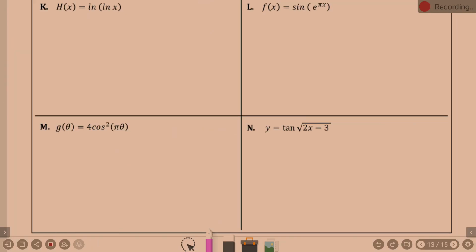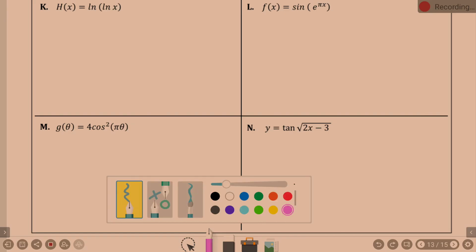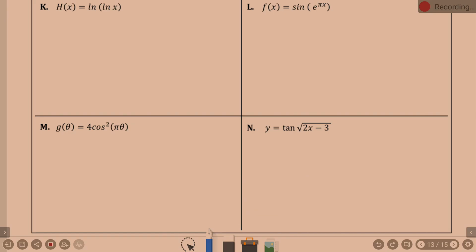Okay. H of x equals natural log of natural log of x. Okay, h prime of x: derivative of the outside function. What's the outside function?